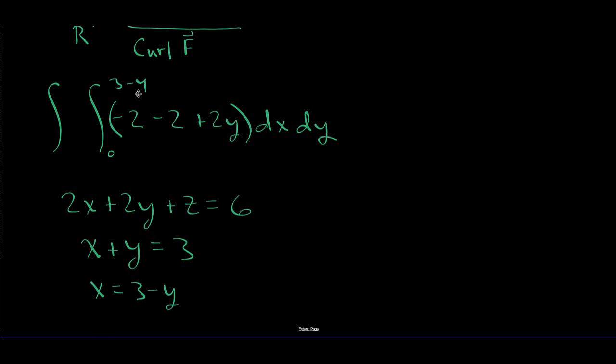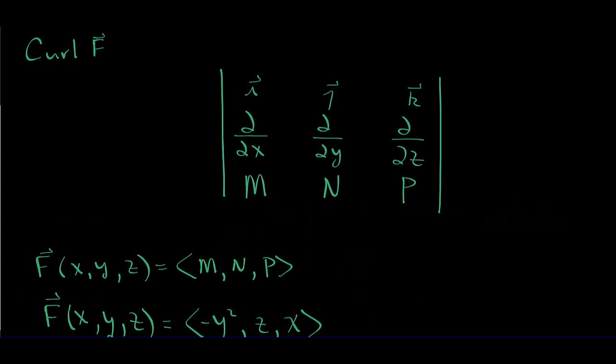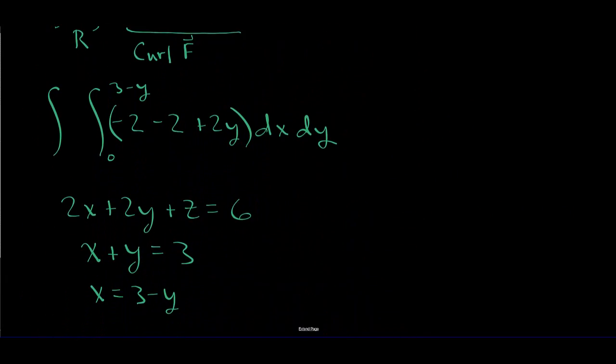And you can see that from looking on here. You fix a y, and x is going to go from 0 up to here. And then y just goes from 0 to 3.